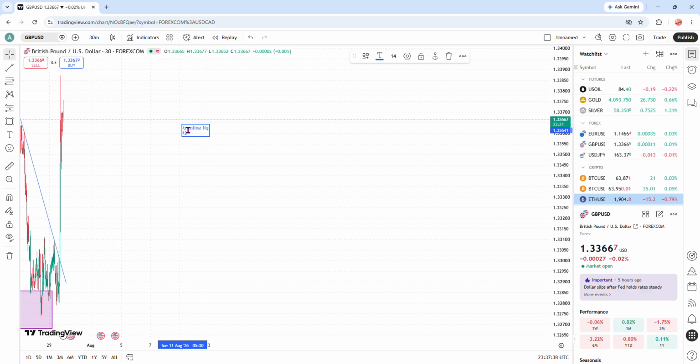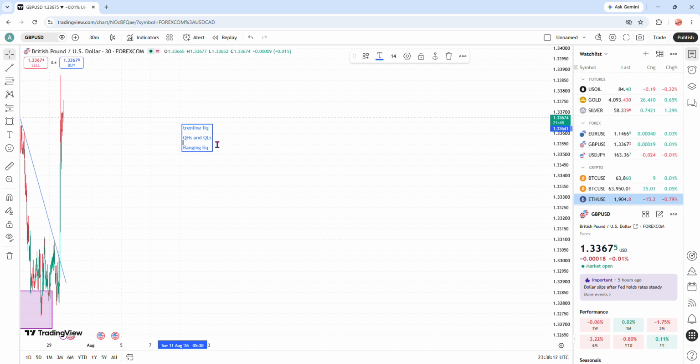Then the last but not the least is ranging liquidity. I'll take it one after the other, explain it, and also give us a chart example of it.